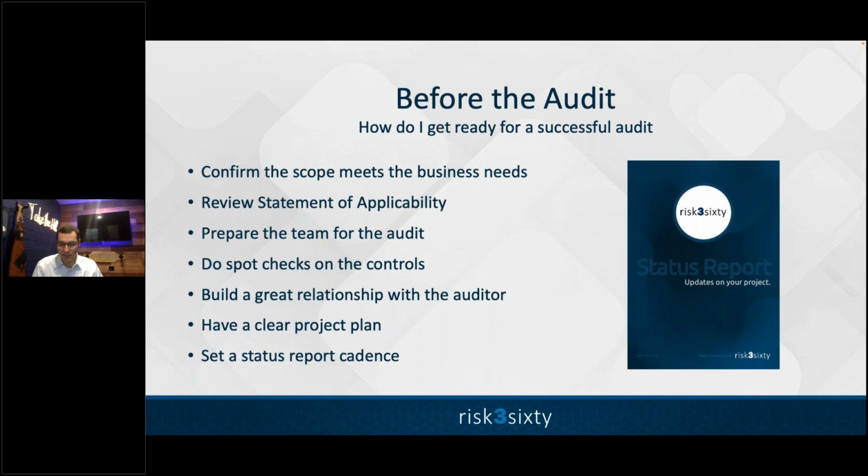Then you have a disconnect that you could have resolved if you have a clear project plan in place. Then also set up status reports. So make sure there's some time to get together, understand where the auditor is, make sure they're still on track for your timeline, and have some time already scheduled on a periodic basis to have the back and forth on any open questions.